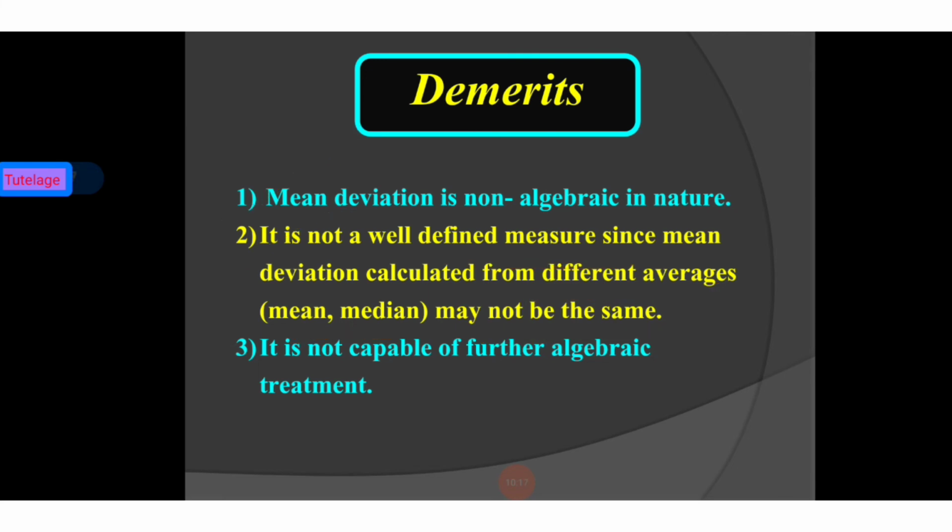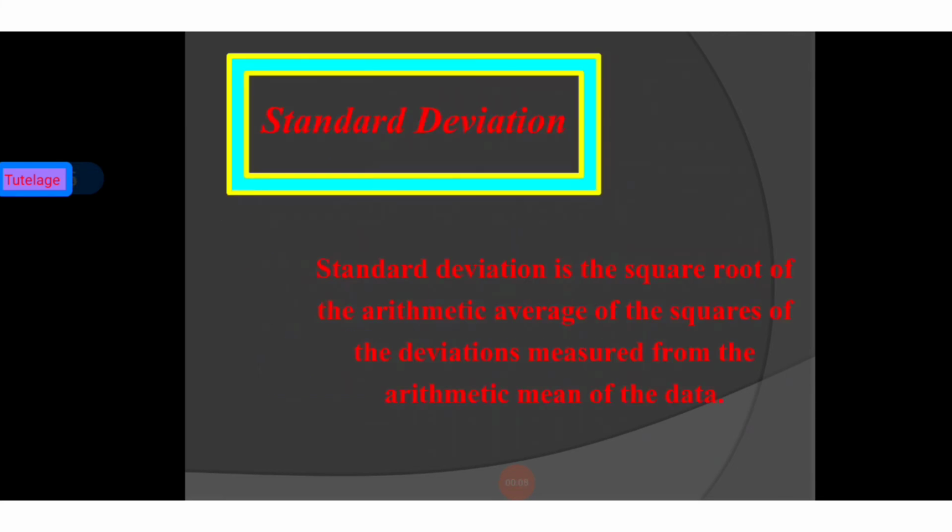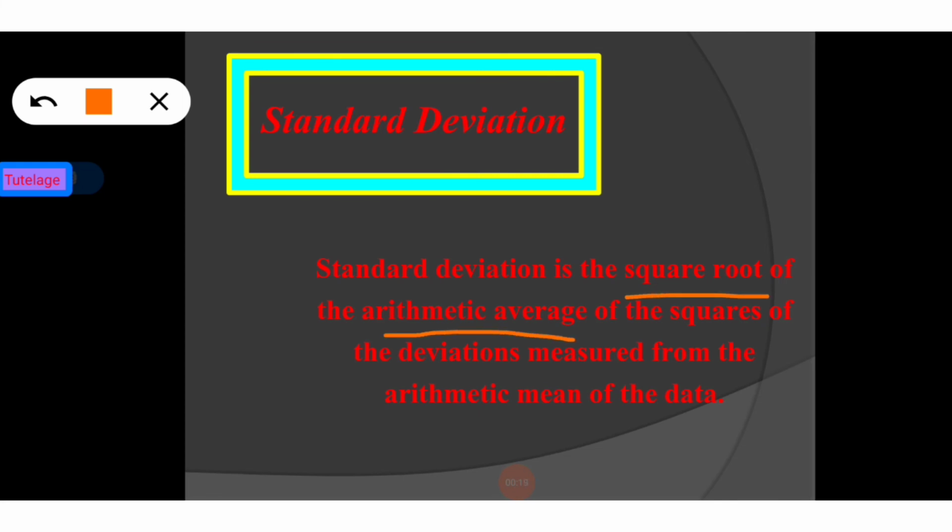So now move on to the next slide. So here we can see another most important measure of absolute dispersion, that is standard deviation. Okay, so standard deviation is the square root of the arithmetic average of the squares of the deviations measured from the arithmetic mean of the data. So we have already told standard deviation is the most commonly and widely used measure of dispersion.